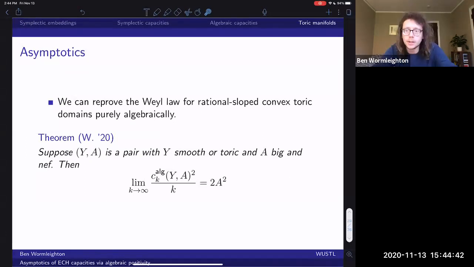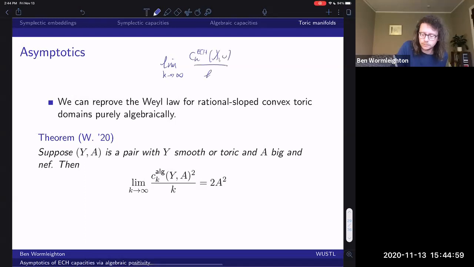So in the remaining time, I want to jump into talking about asymptotics. You may recall we had a really nice description of the asymptotics of ECH capacities: they grew essentially like a volume factor times square root of k.